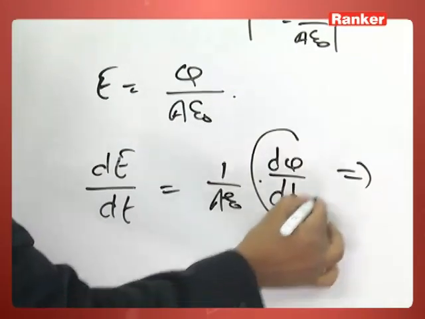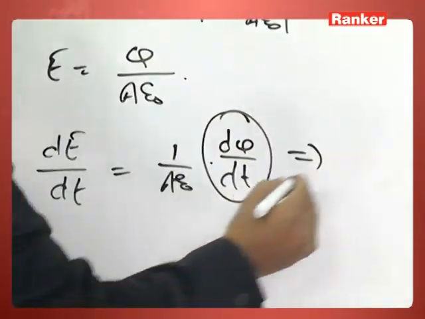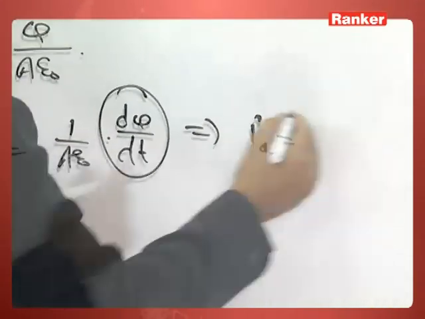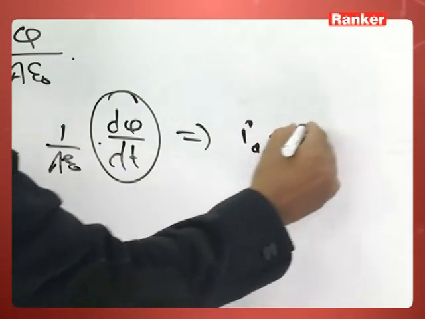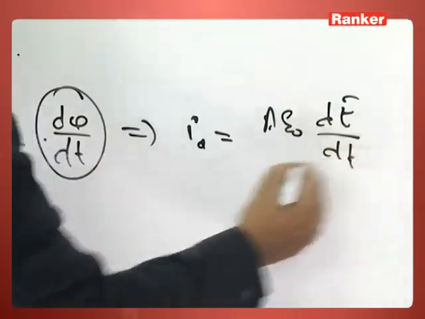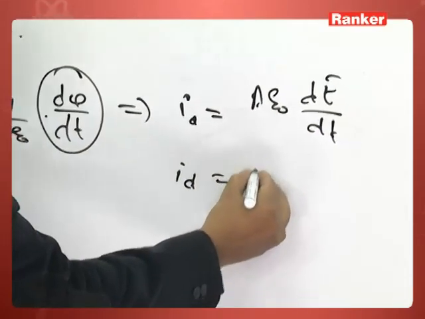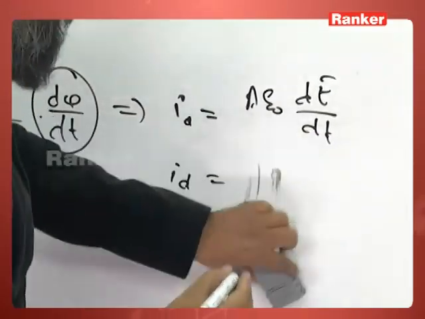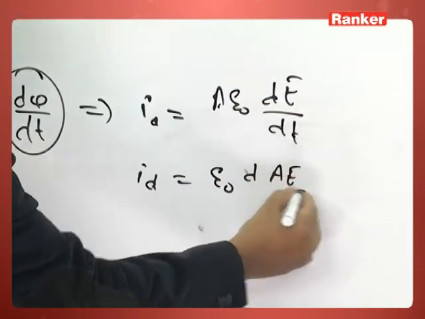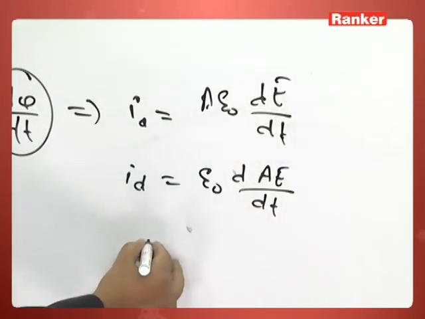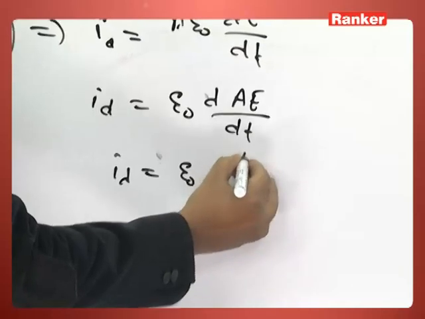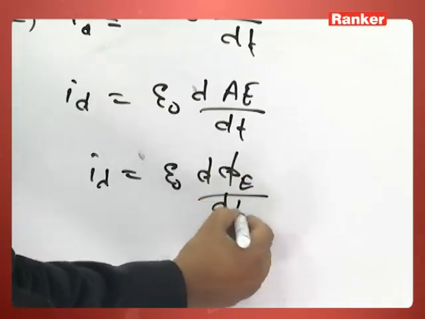Now this dQ by dt, suppose I write this as I_d, then it is A epsilon naught dE by dt. Let us include A inside it, so it becomes epsilon naught d(A E)/dt, and since the electric field and area vector are perpendicular, this we can write as the flux of electric field.